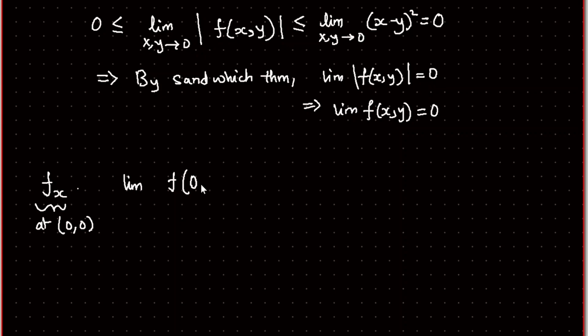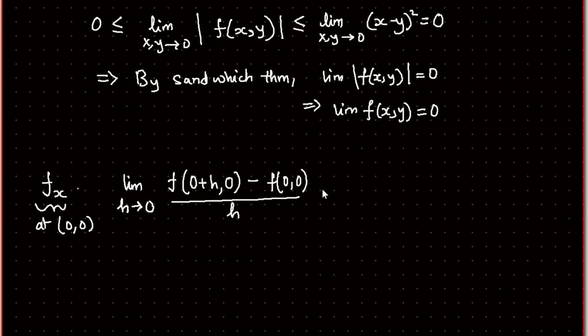We produce a small increment h in the x coordinate, keep y the same, subtract f(0,0), and then divide the whole thing by the small increment h, which goes to 0.